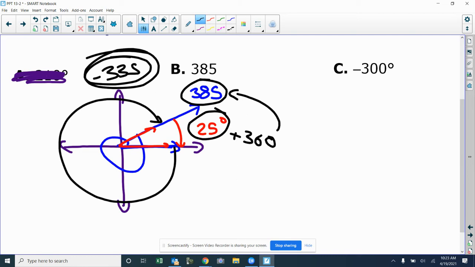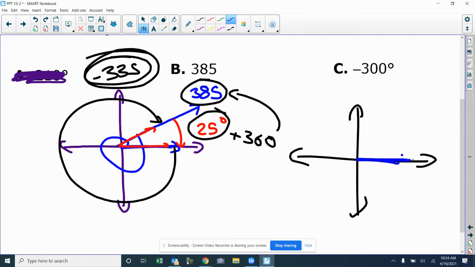All right, do negative 300 for all that. Always starts here.